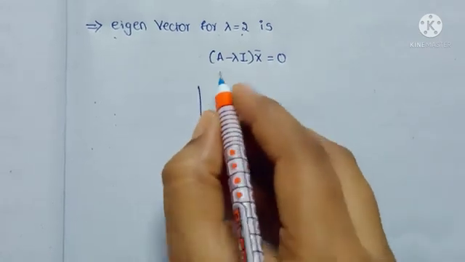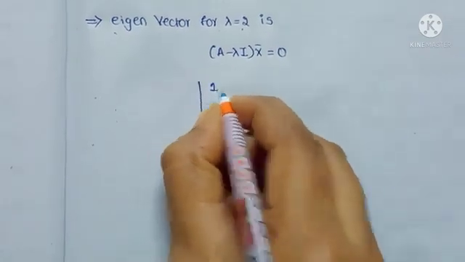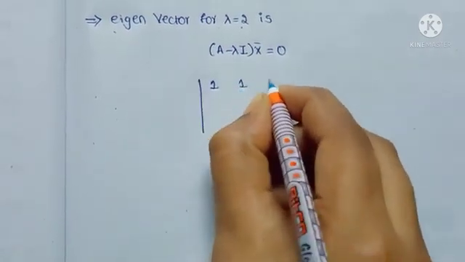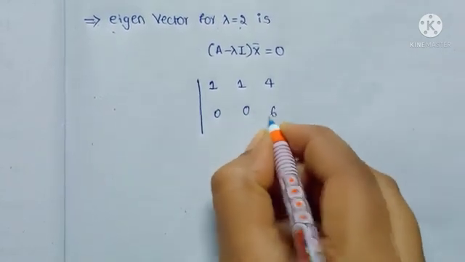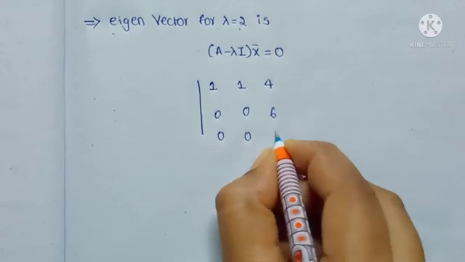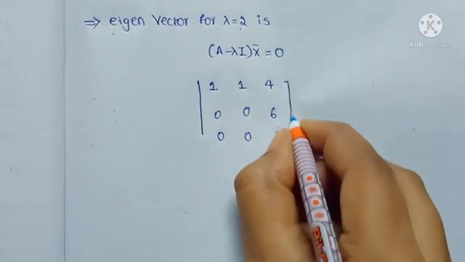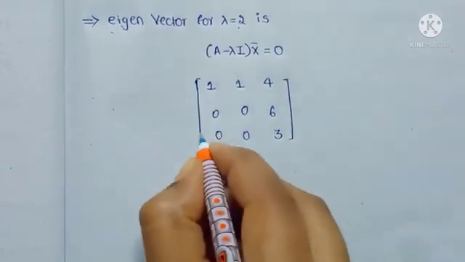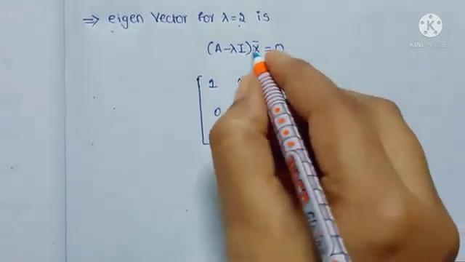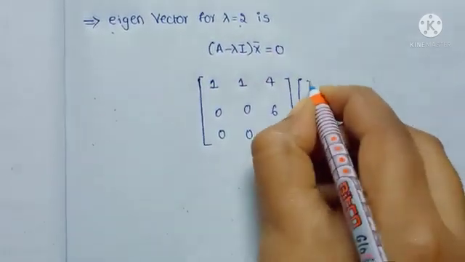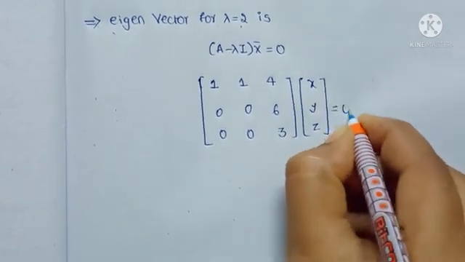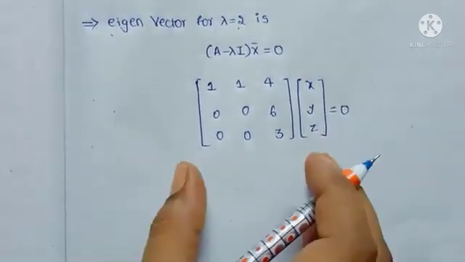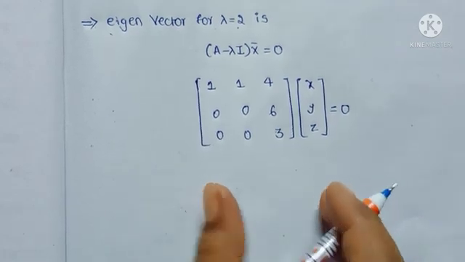3 minus 2 we get 1, there is no change in 1, and 4, 0, 2 minus 2 is 0, 6, 0, 0, 5 minus 2 we get 3. This is the A minus 2I matrix, and here x bar is the vector x y z, which is equal to 0, and this matrix we are writing in equation form.